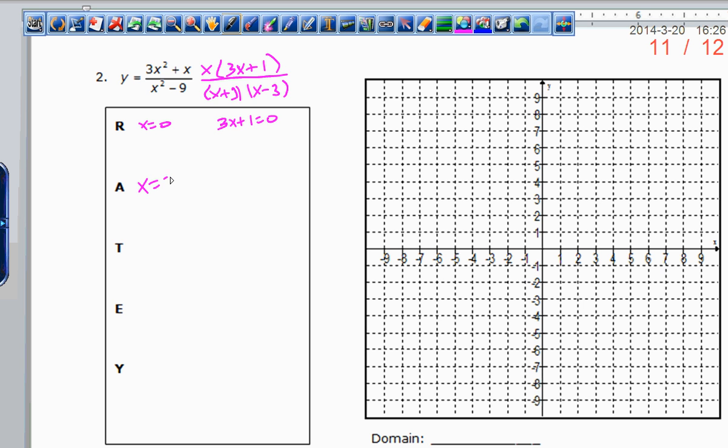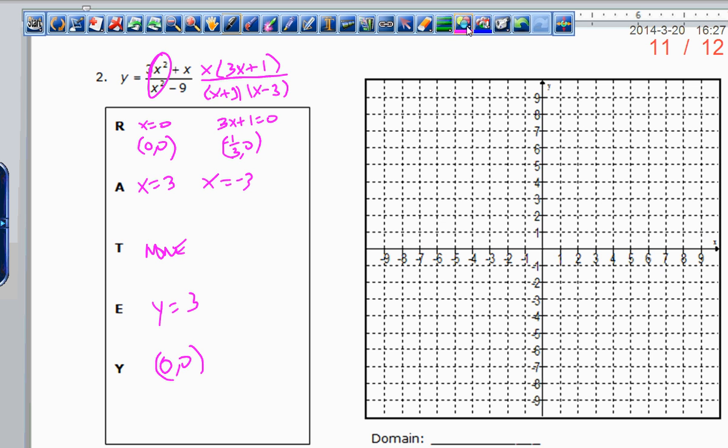So you have x equals 3 and x equals negative 3 for our asymptotes. We don't have any tangency or togetherness whatsoever. Our end behavior is the same as number 1. I have the same x's, so it's going to be y equals 3. And then lastly, if I plug 0 in for my y-intercept, I'm going to get 0. I didn't write this out here. My roots were (0, 0), and then if I solve the other, (negative 1/3, 0).